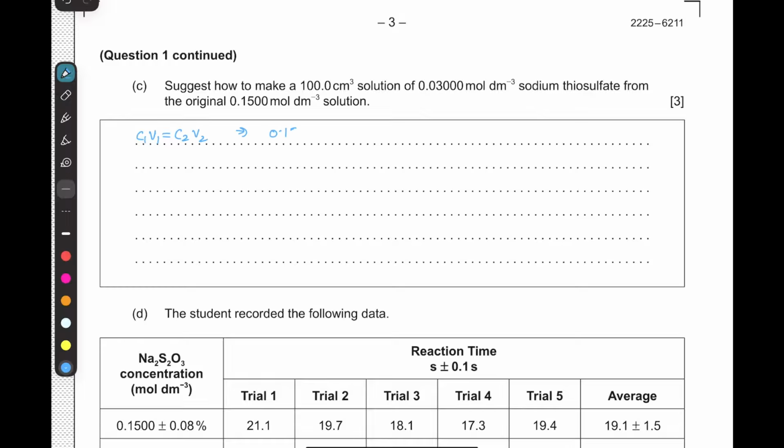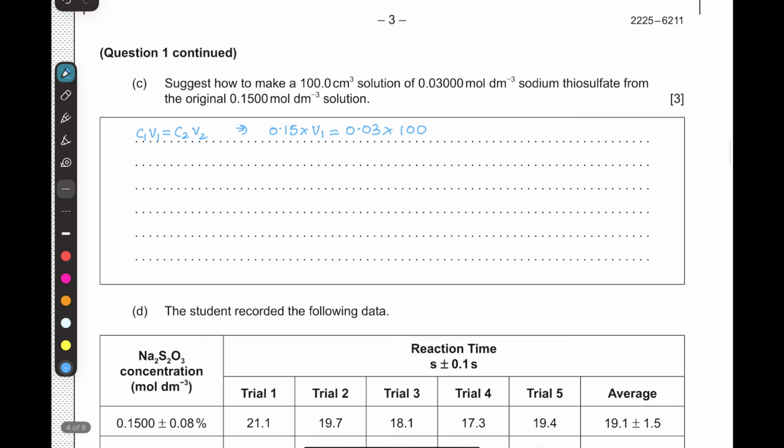So 0.15 times V1 equals 0.03 times V2. V2, we can take it as 100. If you take V2 as 100, V1 will come out in cm³. So if I solve this, I'll get V1 as 20.00 cm³. So I need 20 cm³ of the original solution.